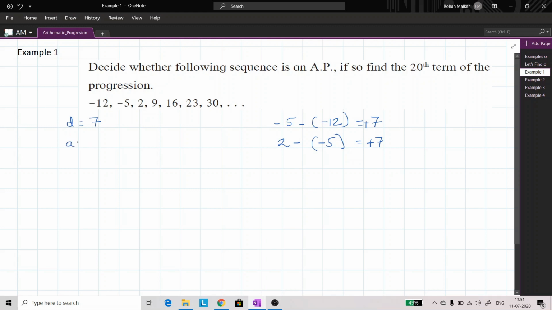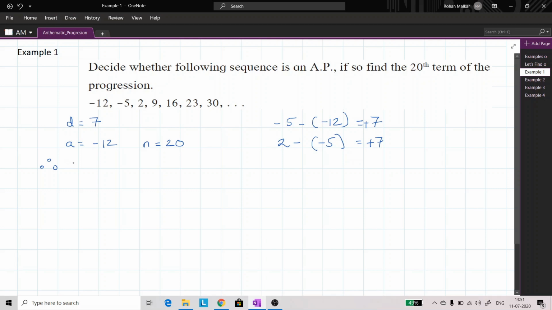The first term A is minus 12, and the question says that you want to find the 20th term in the progression, so my n is equal to 20. Let's use the formula that we learned in the previous video.